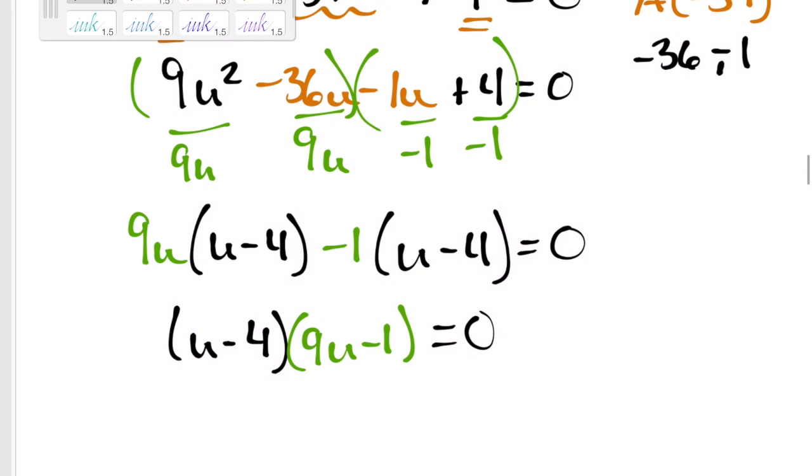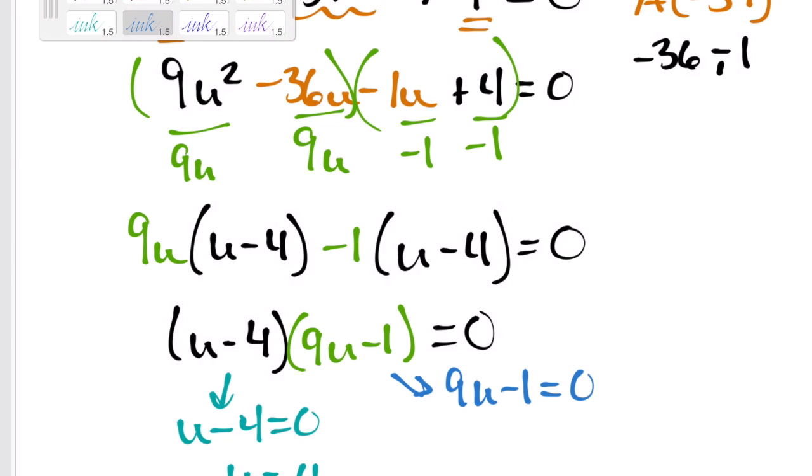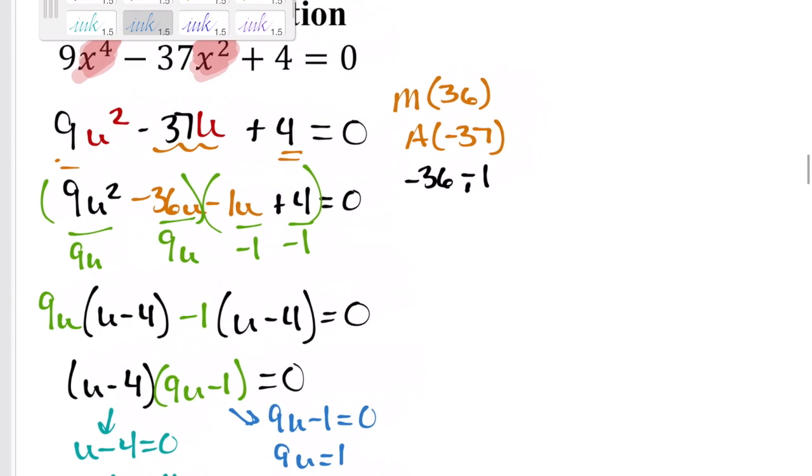Now I can use the multiplicative property of 0. When I set u minus 4 equal to 0, u would be equal to 4. I can do the same thing to that 9u minus 1, and I would end up with u equal to 1 over 9.